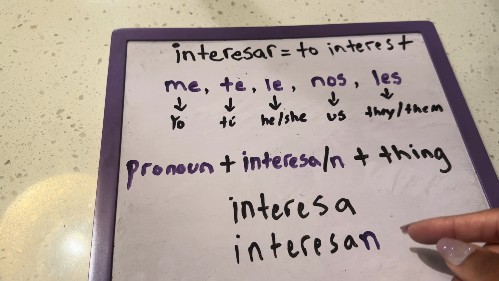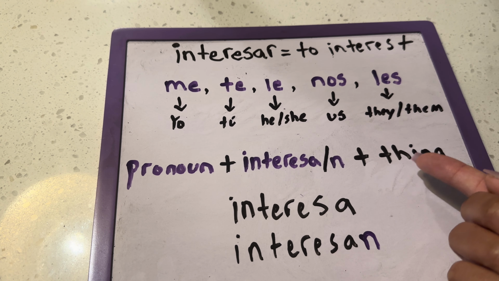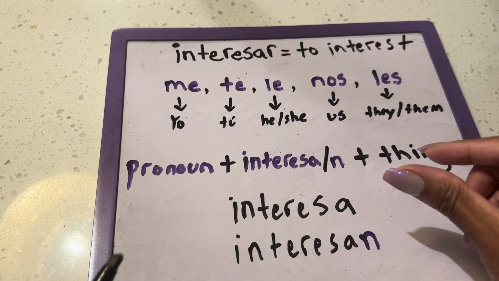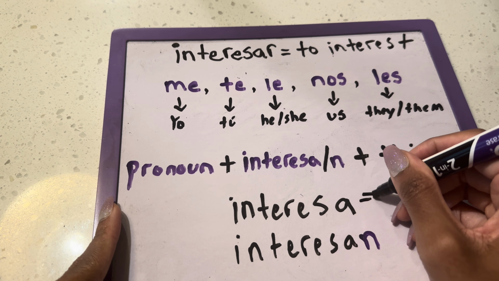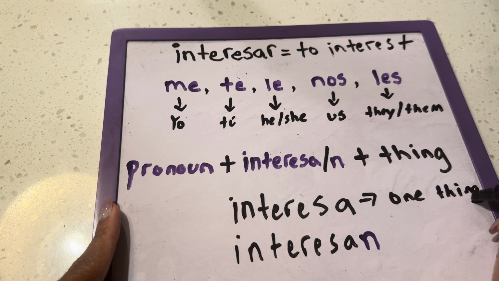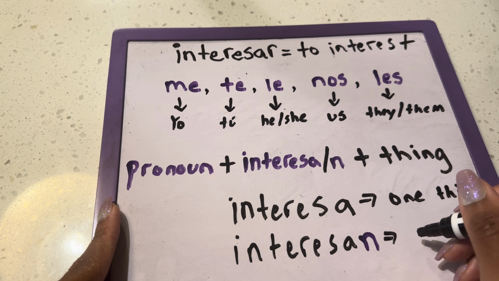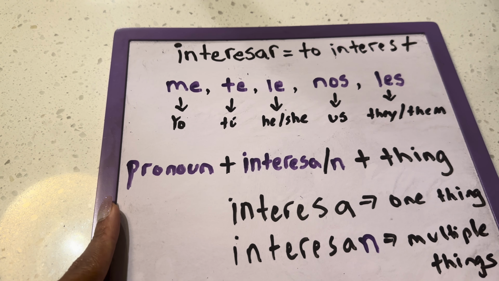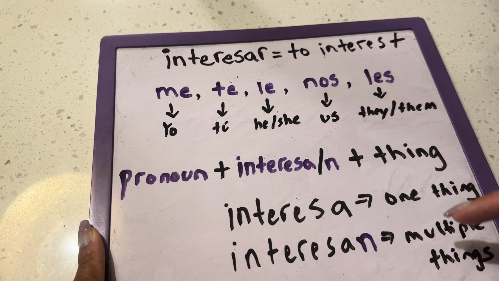The thing. That's it. So whatever you're talking about, the thing, the object, whatever interests you, if it is one thing, it's going to be interesa. Stands for just one thing. But if it's multiple things or plural, then that's where we add the N. So think of it essentially as singular versus plural.